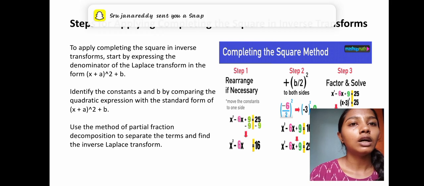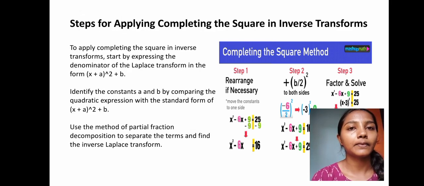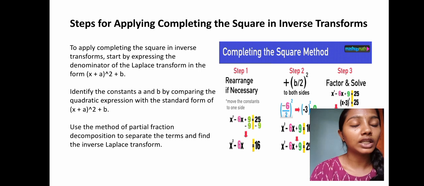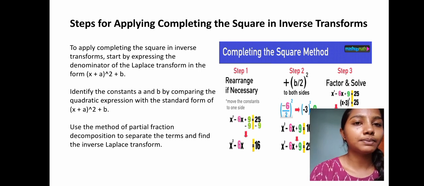Steps for applying completing the square in inverse transform. To apply completing the square in inverse transform, start by expressing the denominator of the Laplace transform in the form (x plus a) whole square plus b.